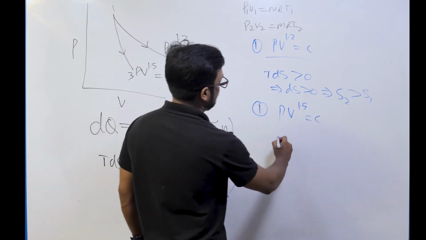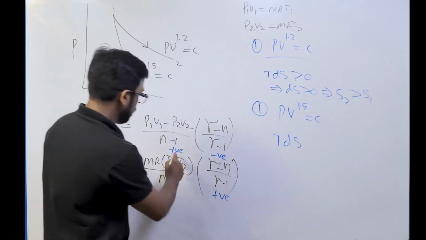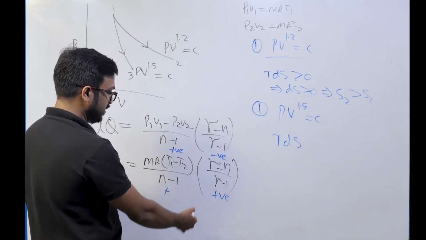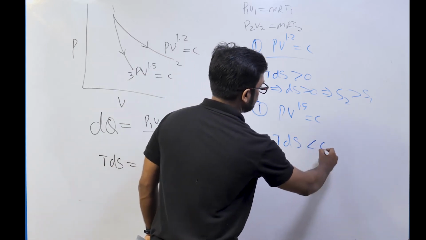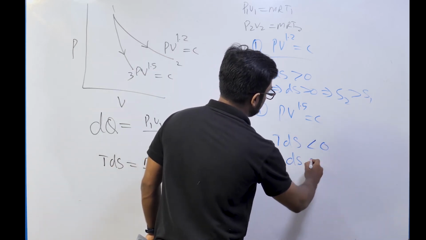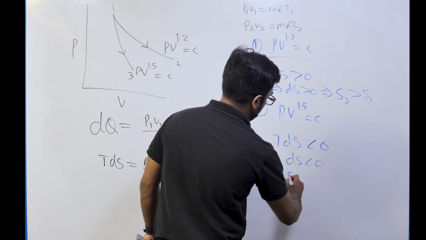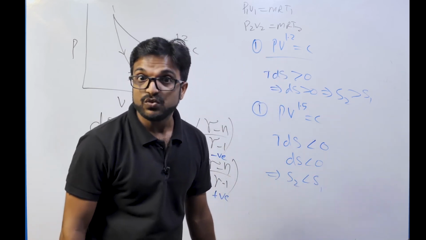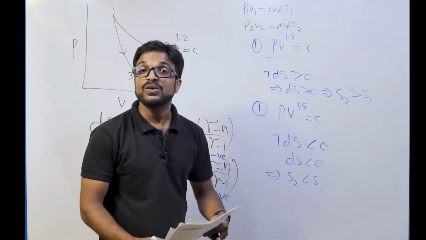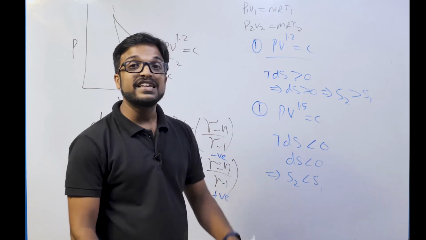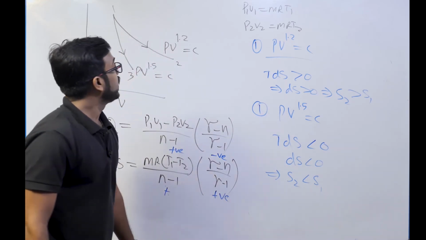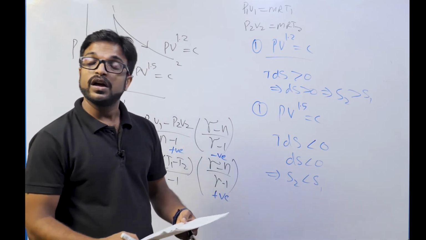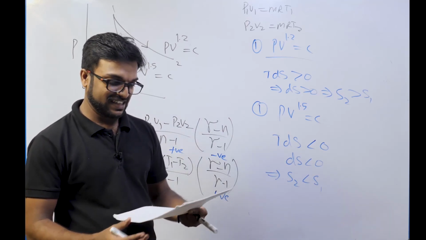So what are we getting? TdS, positive into negative, negative, negative by positive, negative only, less than 0, or dS is less than 0, or S2 is less than S1. So what is the conclusion? Entropy is decreasing for 1 to 3, entropy is increasing for 1 to 2, and in both the processes temperature is decreasing.